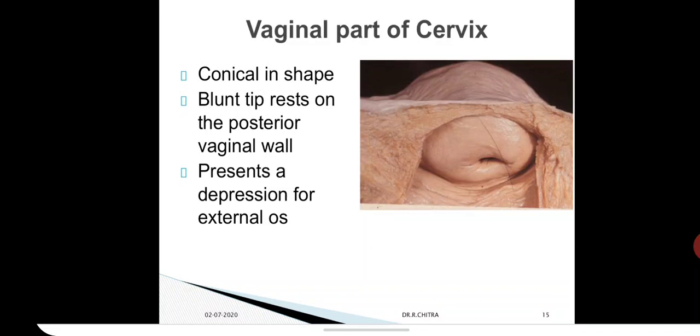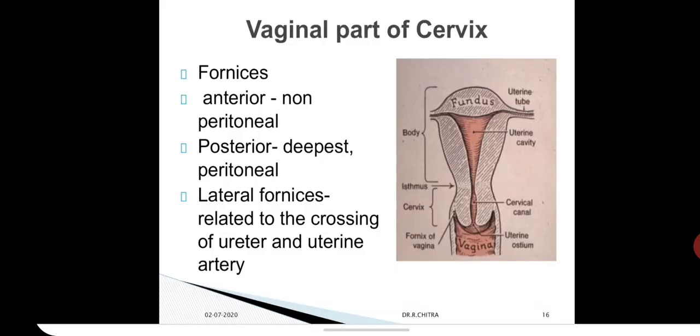The external os is circular in the newborn, but in adults, after childbirth, it presents as a transverse slit bounded by the anterior lip and posterior lip. As it is protruding into the vagina, it is surrounded by a circular gutter of the vaginal canal, which is called the 4 fornices: anterior, posterior and 2 lateral.